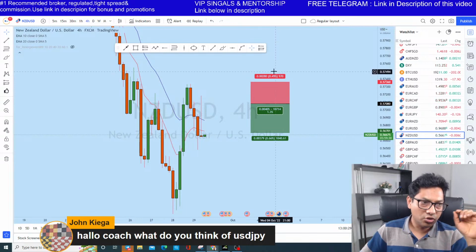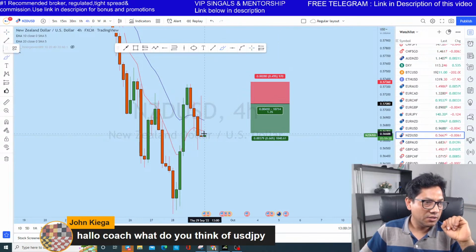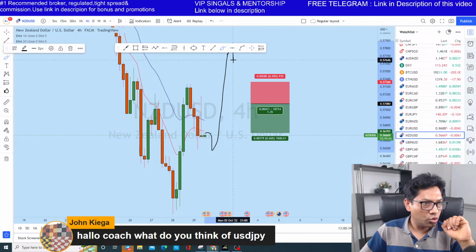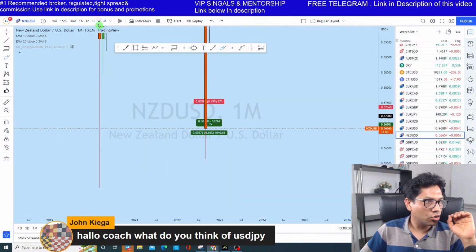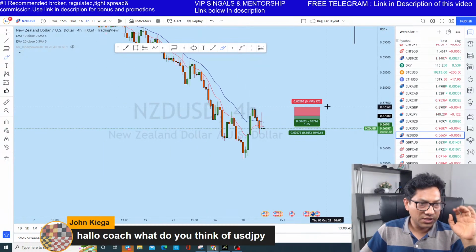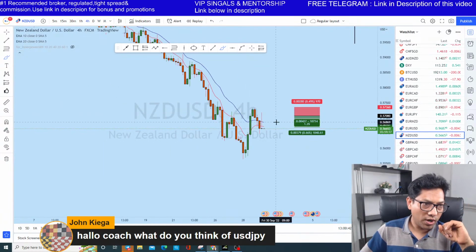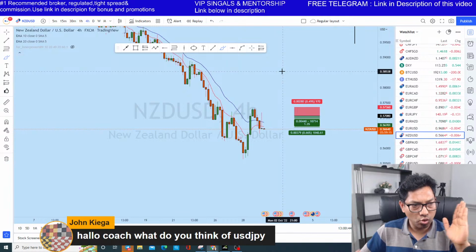All right, so there are now two probabilities for NZD: to come down again and shoot up during the news, or to just continue to drop. One is to drop or to go up, so we will not be trading NZD/USD.